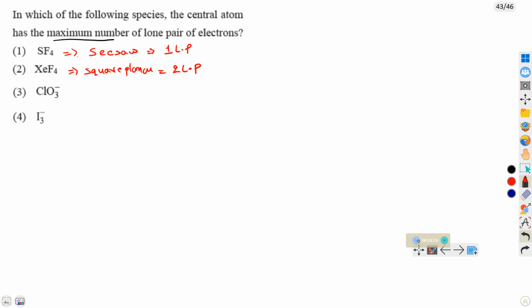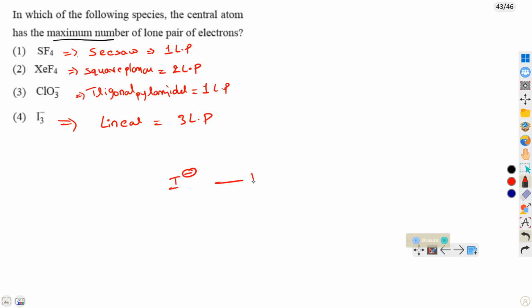ClO3 minus is trigonal pyramidal, one lone pair present. I3 minus is linear, three lone pairs are present. Fourth option.